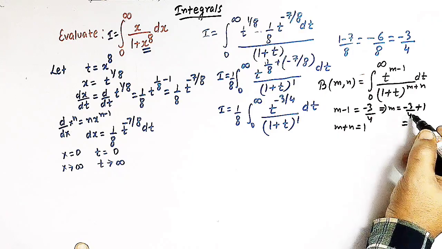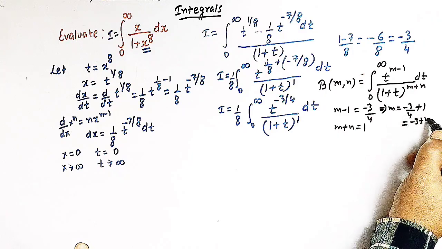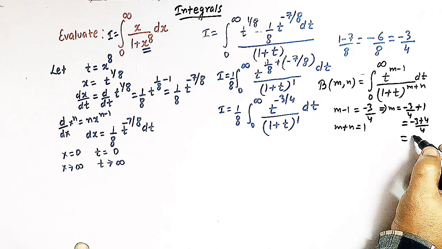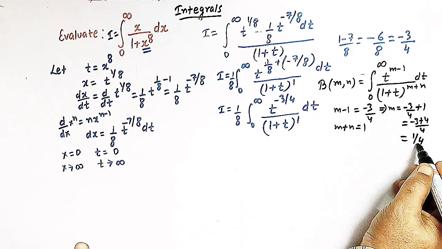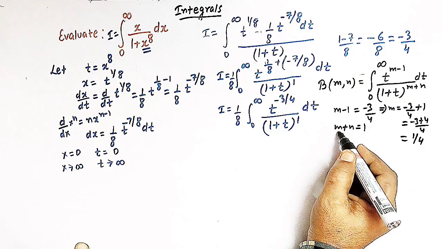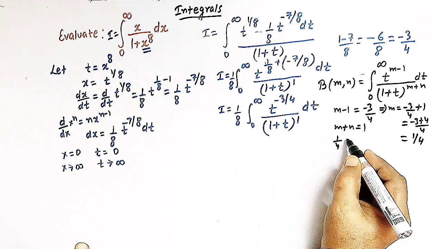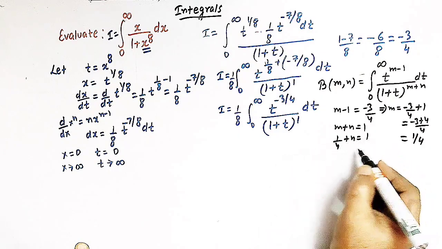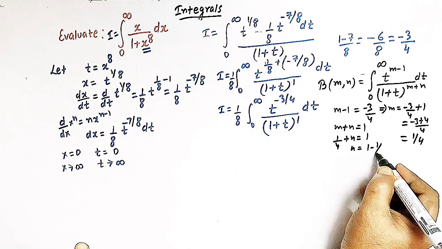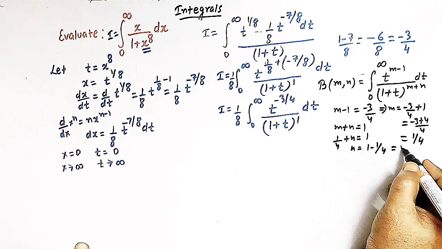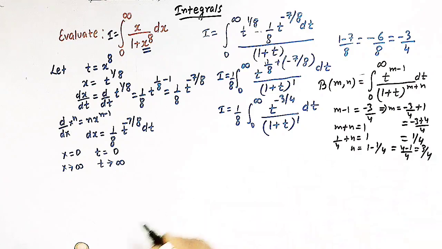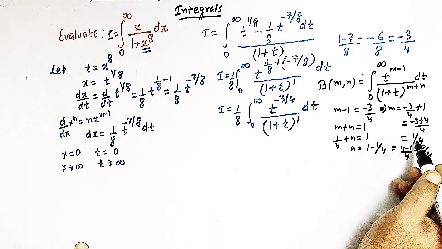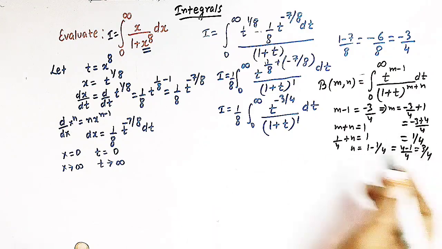So m is minus 3 plus 4 over 4, that is 1 over 4. And taking m is equal to 1 over 4 in this equation, we have 1 by 4 plus n is equal to 1. So n is 1 minus 1 by 4, that is 4 minus 1 over 4, that is 3 over 4. So now m is 1 over 4 and n is 3 over 4.